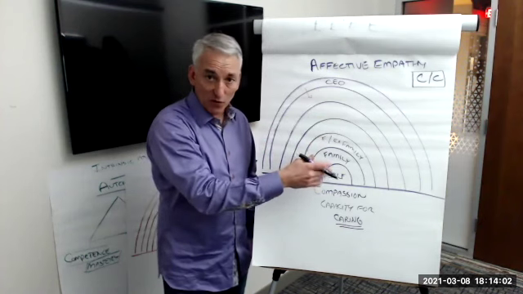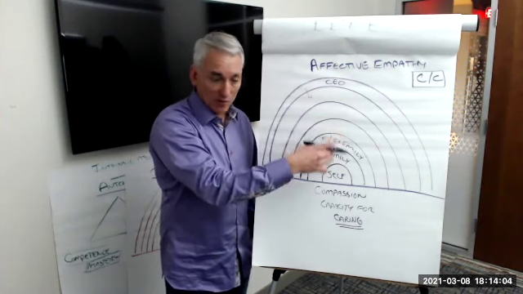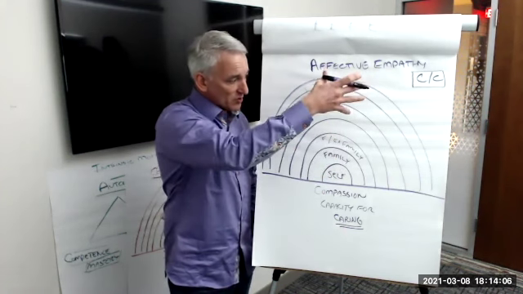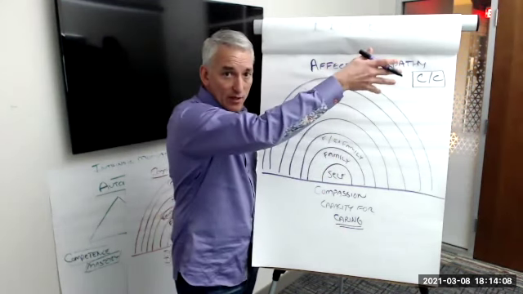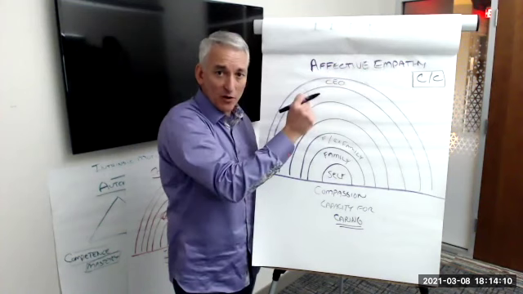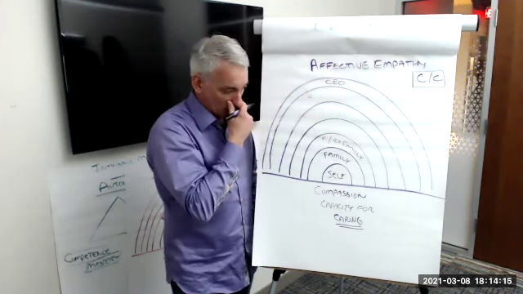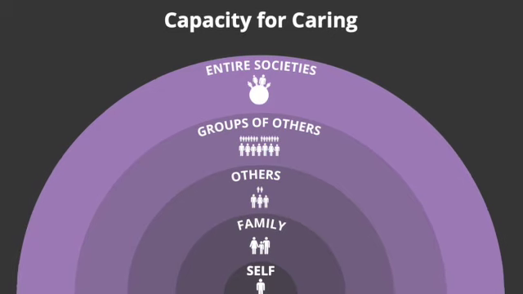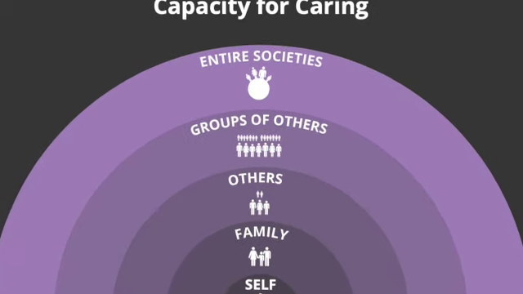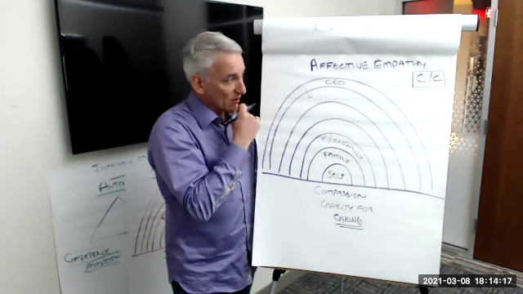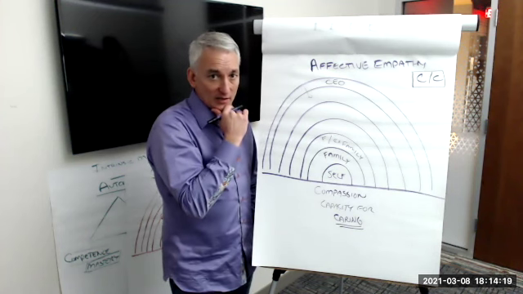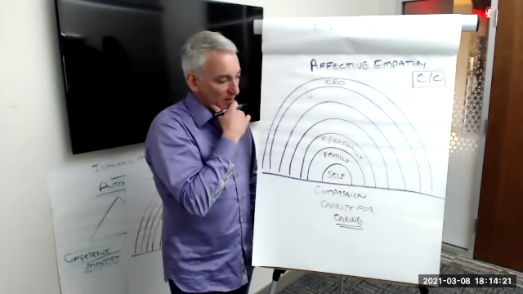Our employees for each other, our employees for their customers, and even our customers for each other once we pull them into our advocacy bubble. We'll talk about that in the course. So it's about our ability to scale our capacity for authentic and powerful caring.